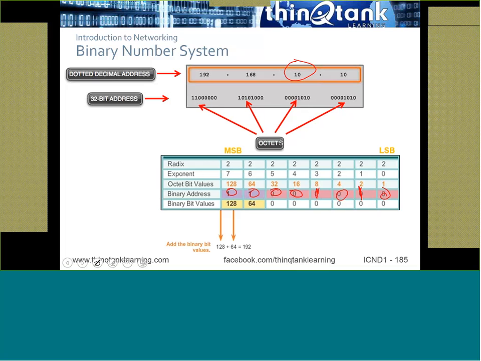Agreed? All right. As I said yesterday too, the number of bits that you need to represent a decimal number depends on how large that decimal number is. In our particular case, there's only 8 bits in each octet, which means what is the lowest possible decimal value I can have?